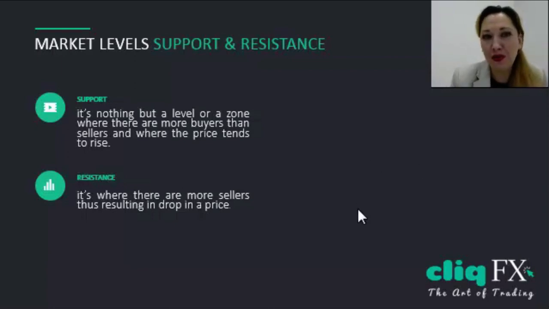If we are talking about, for example, a support line, which we're going to learn how to draw in the correct way, it can be regarded as the floor, preventing the market from moving prices downwards. And resistance lines tend to be a ceiling, which prevents the market from moving prices upward.